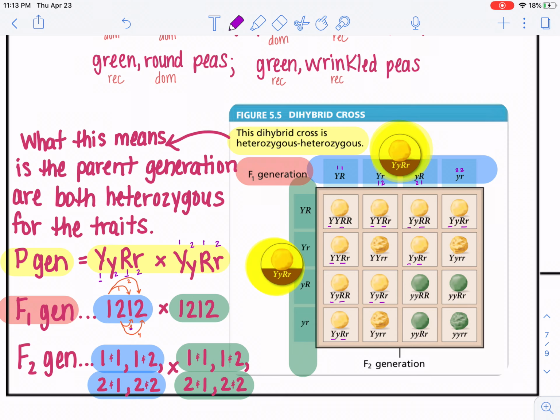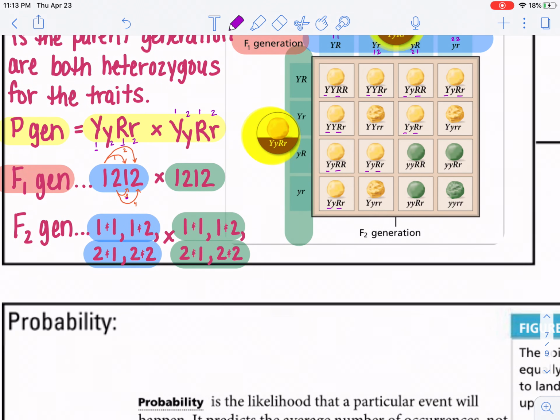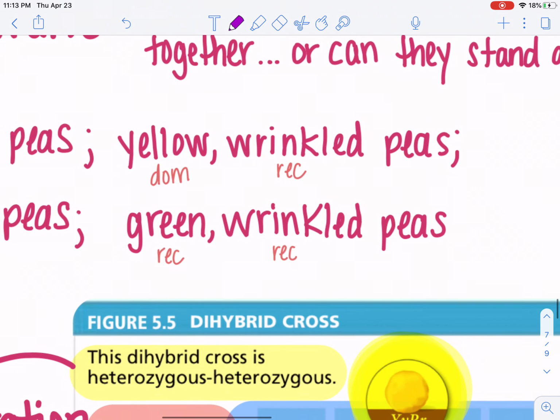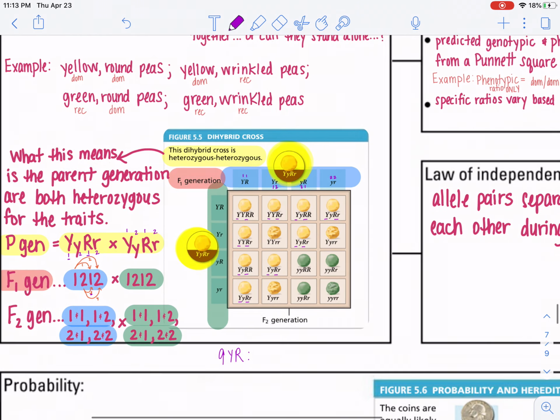So that is 1, 2, 3, 4, 5, 6, 7, 8, 9. So that ratio so far is going to be 9, and that's yellow round.